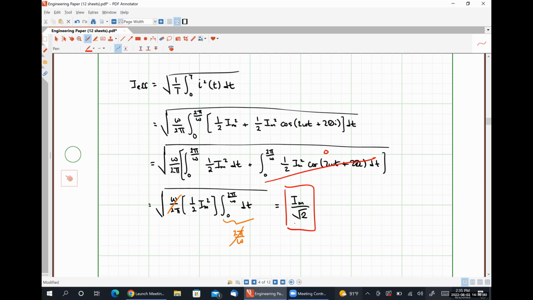The effective value is independent of our angular frequency, meaning that the value of omega does not matter, and our effective value is independent of our phase angle. So theta I literally does not matter. If we want the effective value of a sinusoidal signal, all we do is take the peak value of the sinusoid and divide it by the square root of 2 to get our result.